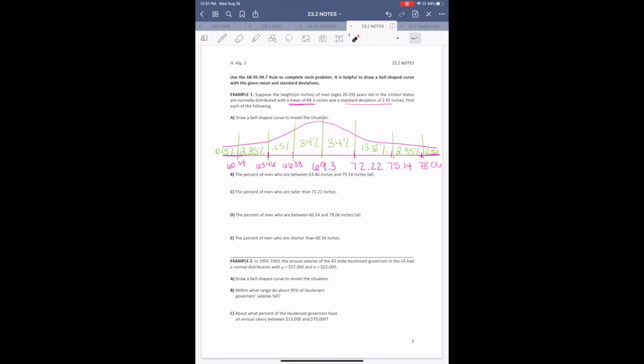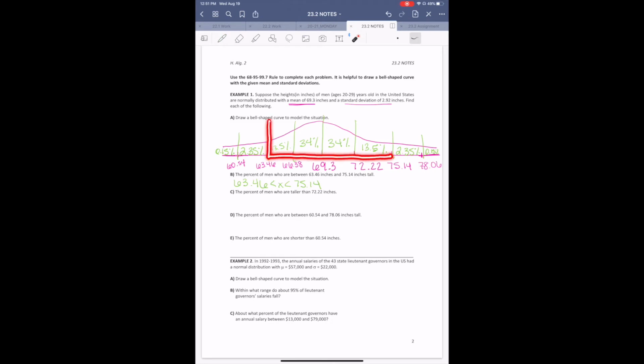All right, so we're going to use this table to make predictions about the data. So first of all, it says the percent of men that are between 63.46 inches and 75.14 inches. So we're looking at all data, and symbolically, it would look like this: 63.46 less than x less than 75.14. So we take a look at those values.